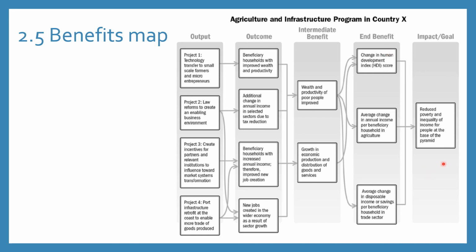So the strategic goal of this country is to reduce the poverty, reduce the inequality of the income at the base of the pyramid. That's why the strategic goal starts it. And then you are connecting the benefit. The end benefit is the improvement in the human development index score. It's connected to wealth and productivity of poor people, that is connected to beneficiary households, and then it is connected to the technology transfer.